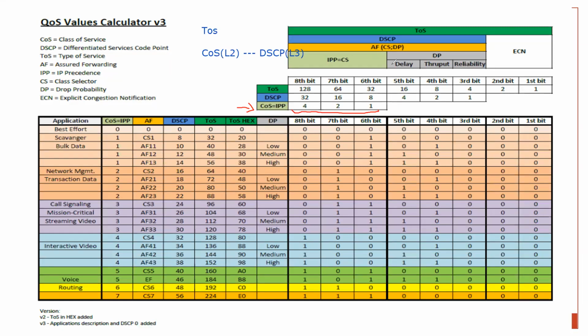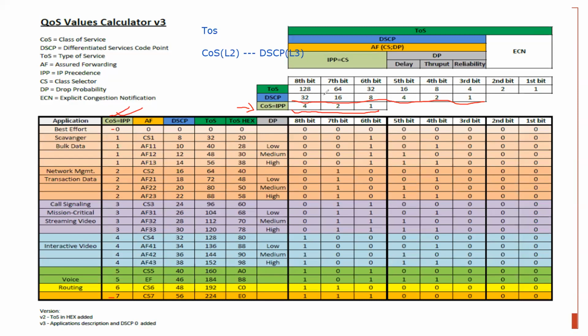For COS, markings 0 to 7 are reserved, that means 8. And for layer 3 marking, you have 6 bits reserved. 6 bits means 2 to the power 6, that means 64.